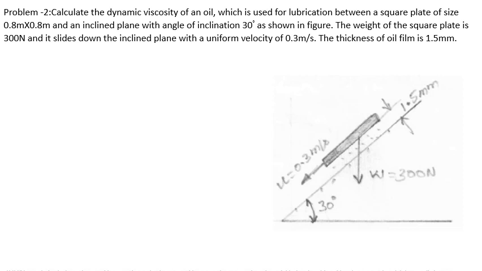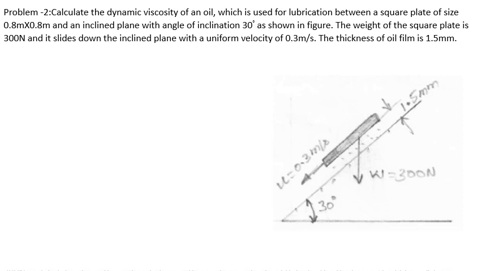The weight of the square plate is 300 Newton and it slides down the inclined plane with a uniform velocity of 0.3 meter per second. The thickness of the oil film is 1.5 millimeter.